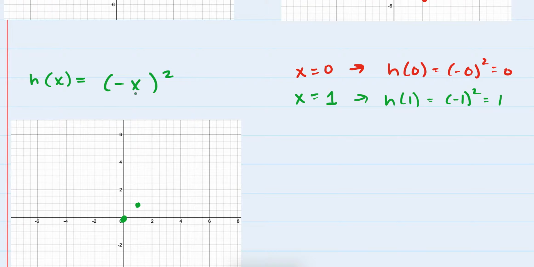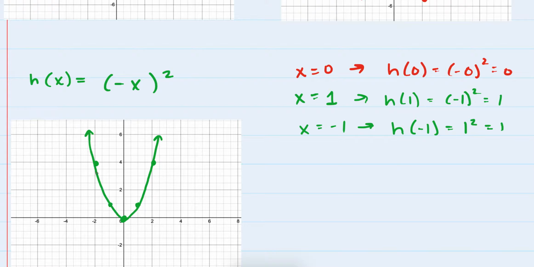If we plug in negative 1, we get h of negative 1 is 1 squared, which is 1. So we have a point here. And you'll see if you plug in 2, you'll get 4. And if you plug in negative 2, you'll also get 4. So our graph looks like this.